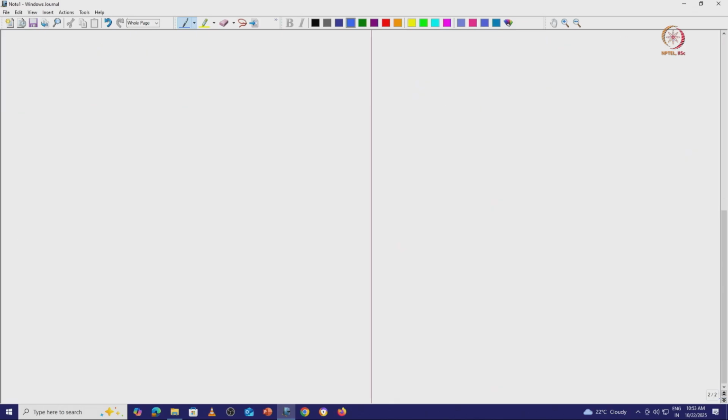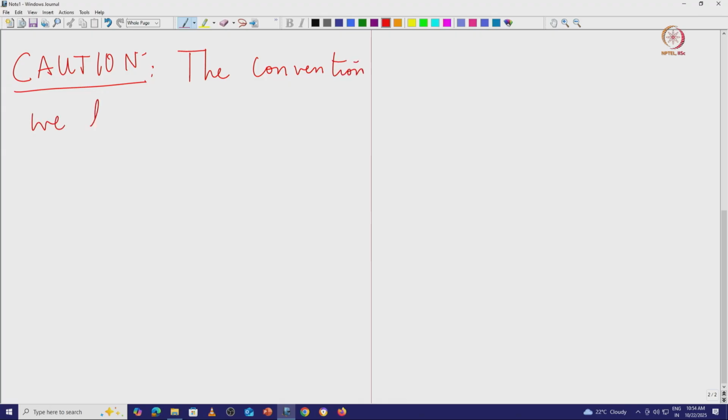Alright, so maybe I should begin with a cautionary note. The convention that we have used for the curvature is actually common but not universal.